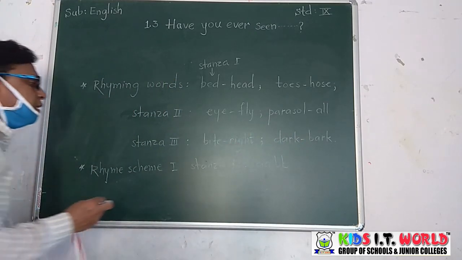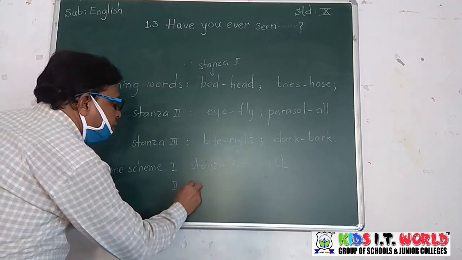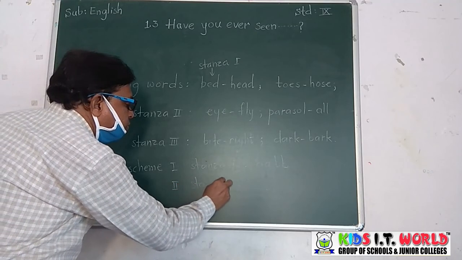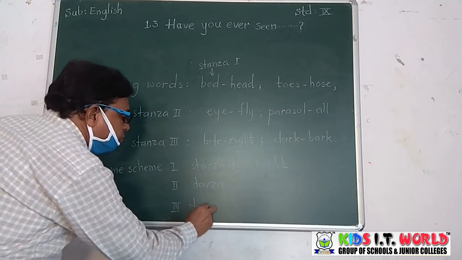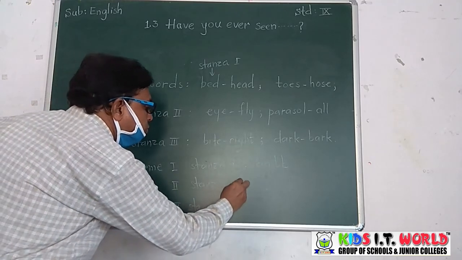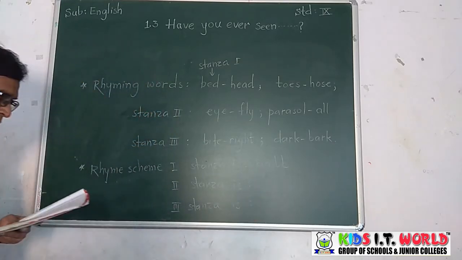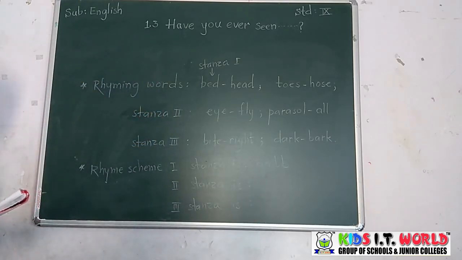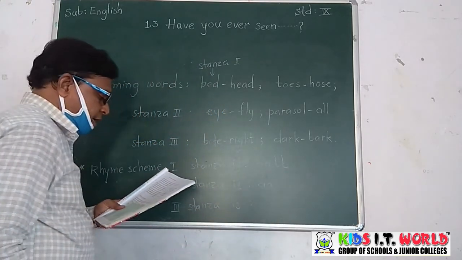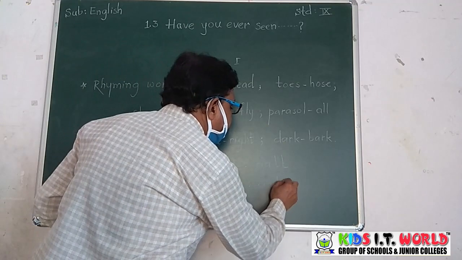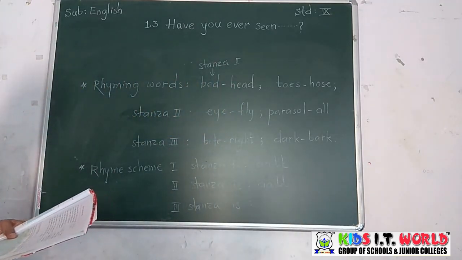Now check for stanza two and stanza three. You will find the same rhyme pattern: I, fly, that is A, and parasol, or, that is B. So A, B. Let's check for the last one.